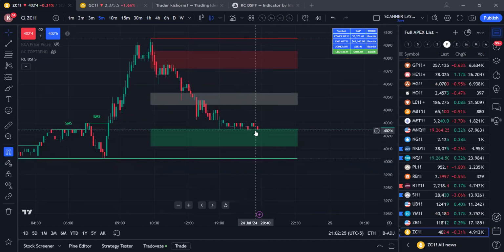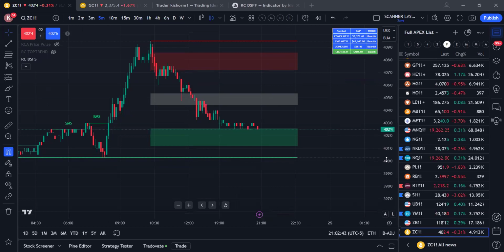Price came to the discount area, but generally it is always better you wait for price to touch the support, and then once it starts bouncing, that is the best time to go long. But out of all the tickers, now it is at a good place to go long.